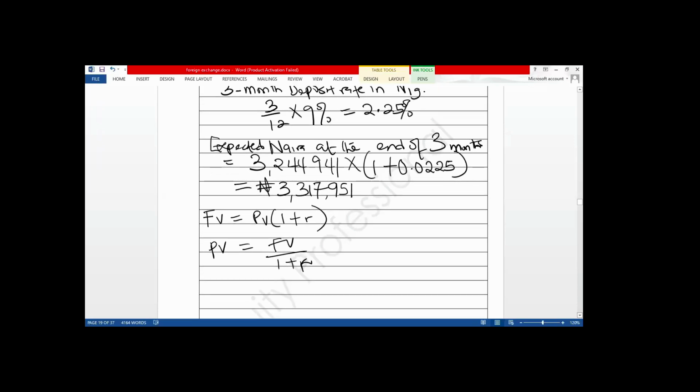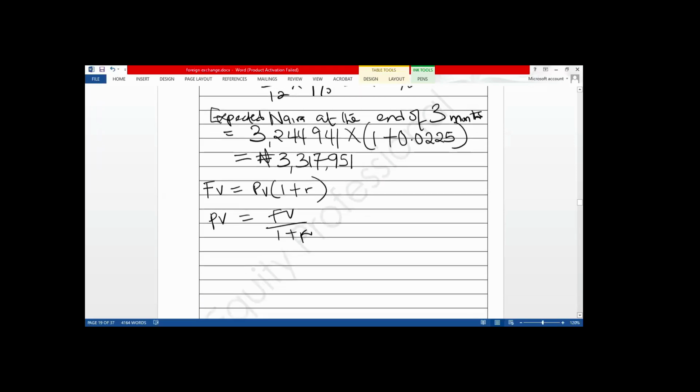Under forward market hedging, because we need to recommend, look at the summary. Under forward market hedge, the Naira amount is 3,361,345.